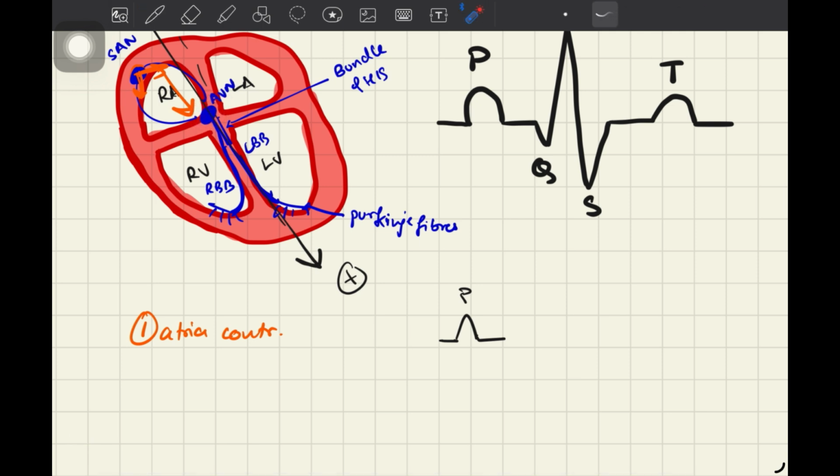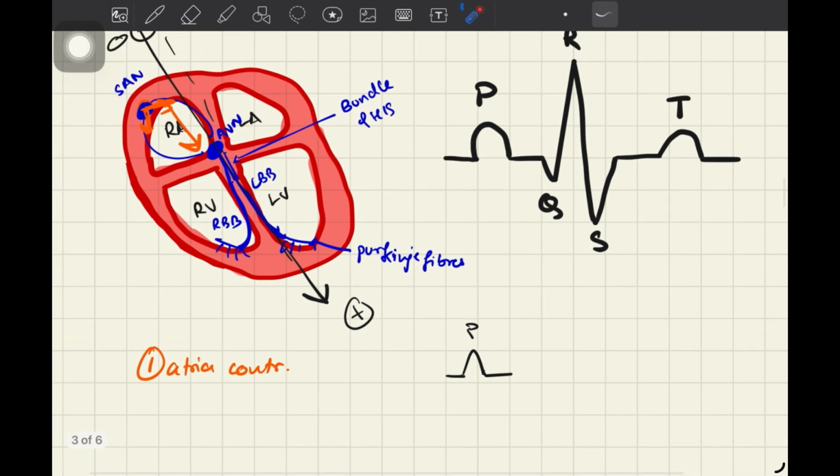AV node causes slowing down of the signal. It's kind of a pause button. So this gap in between where the ECG is baseline is called the PR interval. There is no conduction, there's no activity. That's why it's baseline, and this is very much needed. This pause button is very much needed for rhythmic contraction of the heart.